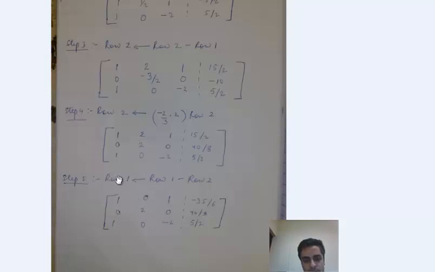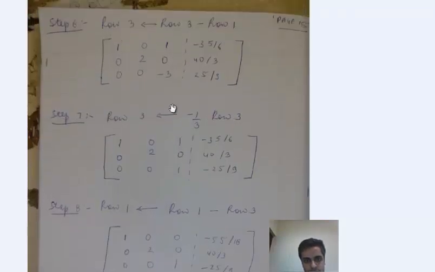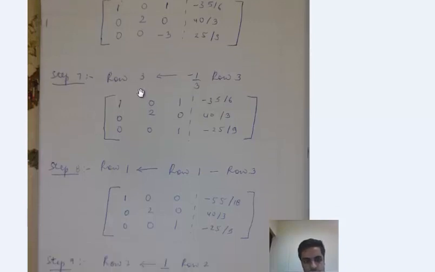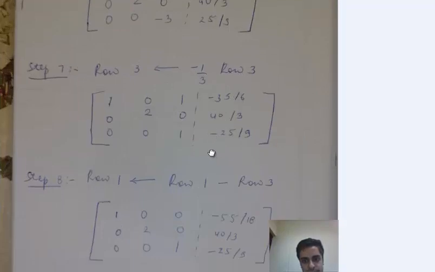Now step 5 is substituting row 1 by row 1 minus row 2 and we get the following matrix. Step 6 is substituting row 3 by row 3 minus row 1, we get the following matrix. Step 7 is substituting row 3 by minus 1 by 3 times row 3.